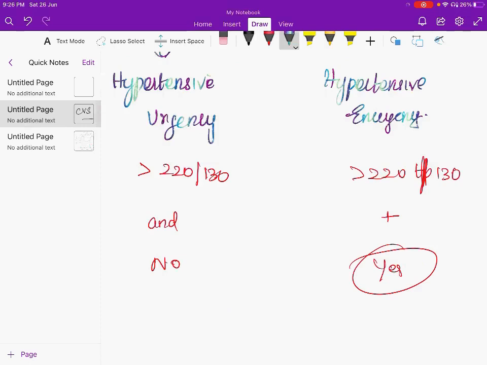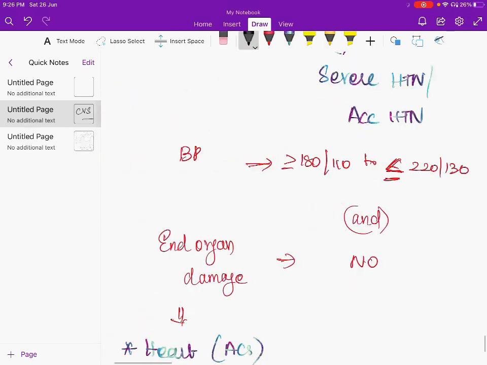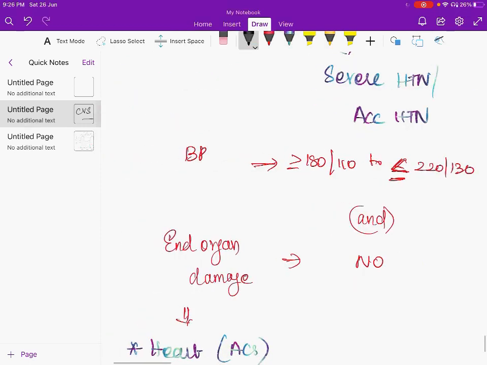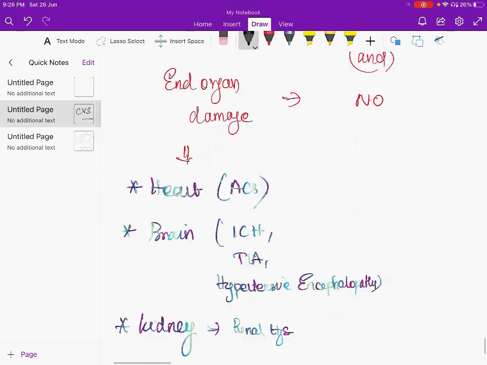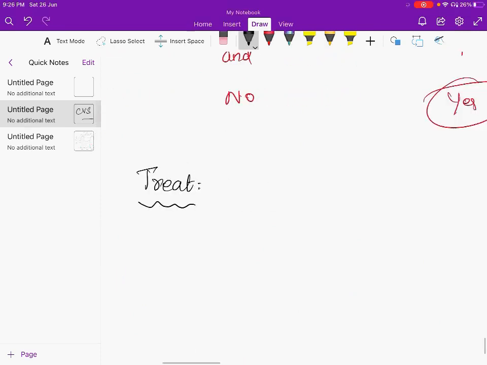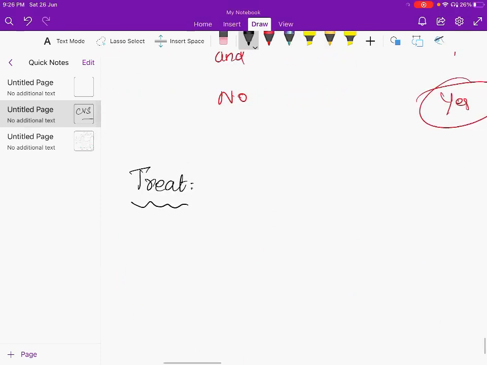So how to treat a hypertensive crisis? Hypertensive crisis has to be given utmost importance.